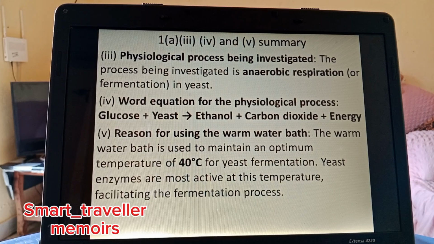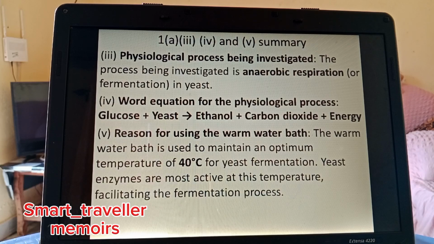The summary of those is the physiological process being investigated. The process being investigated is anaerobic respiration or fermentation in yeast. One equation for the physiological process is glucose plus yeast gives you ethanol plus carbon dioxide plus energy.